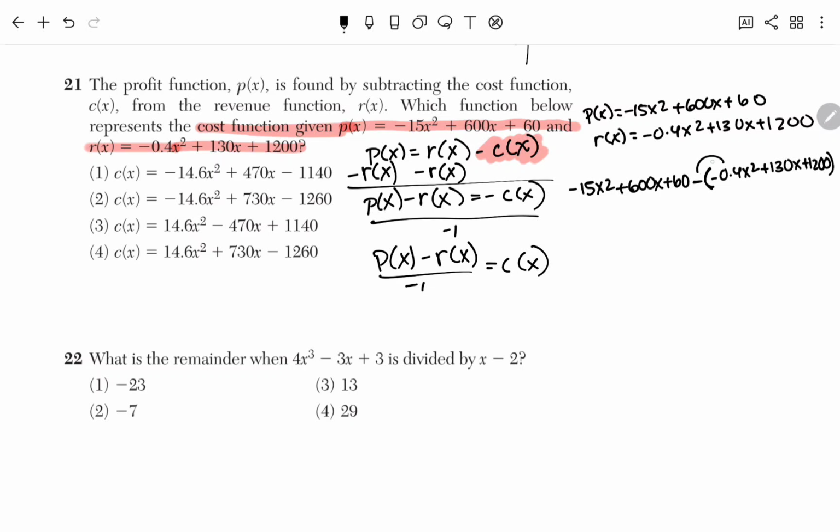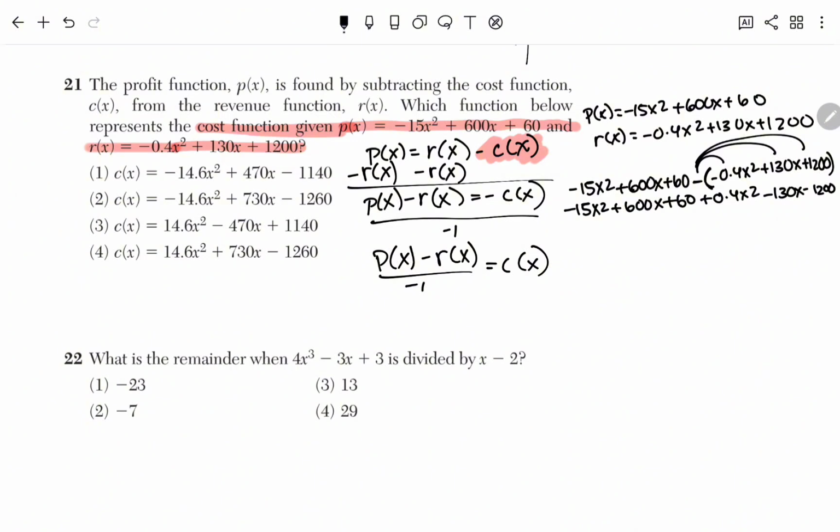I'm going to distribute my negative sign. Don't forget to do that. So, negative 15x squared plus 600x plus 60 plus 0.4x squared minus 130x minus 1200.